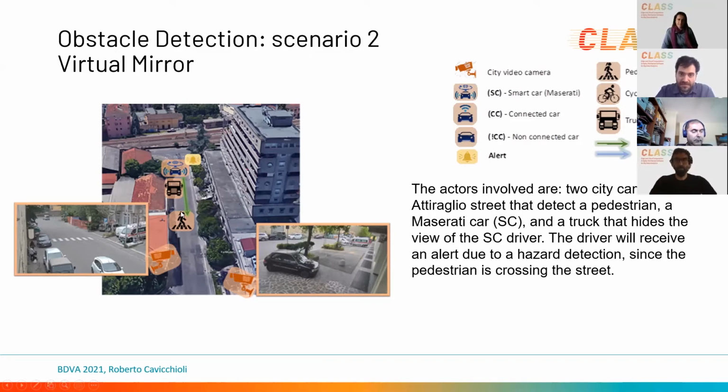In front of the truck, there is a pedestrian that is going to cross the street. And the sensors of the car are not able to perceive the pedestrian because they are occluded by the truck. But the city cameras have a free view of the scene, and the infrastructure can send an alert to the car. And we will see later how these alerts are sent.